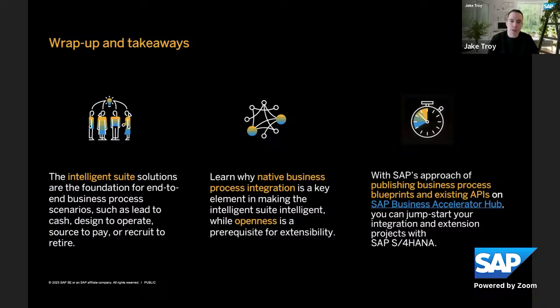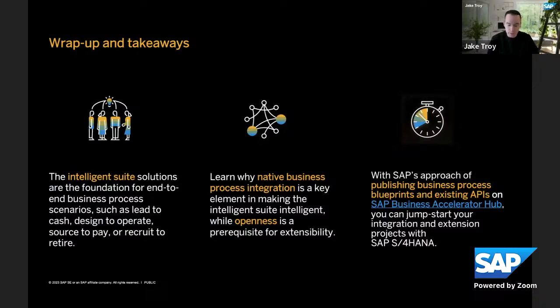And when you think about it, at the end of the day, it's really about the whole being greater than the sum of its parts. When we have the seamless integration of these products across Concur, S/4HANA, SuccessFactors, Fieldglass, and more, we're able to unlock capabilities and innovative features, and deliver consistent architecture and user experience, as well as intelligence across those products.